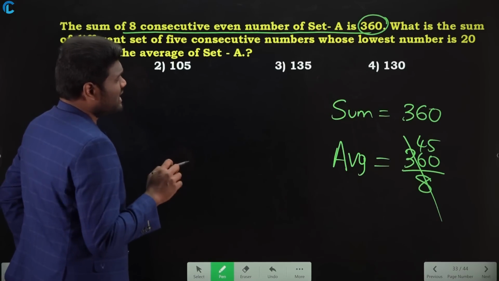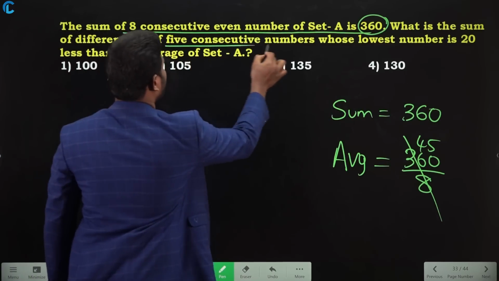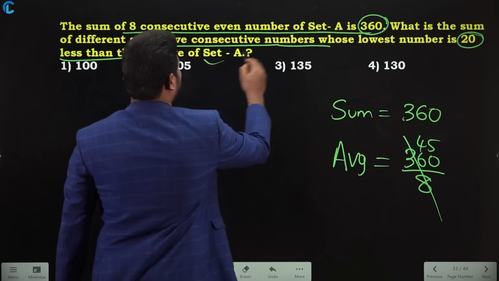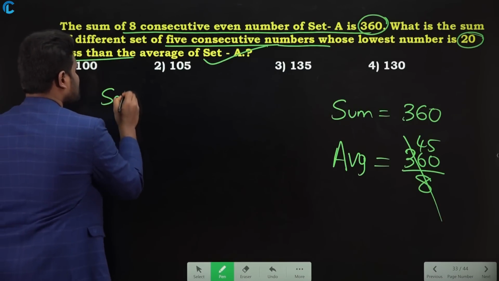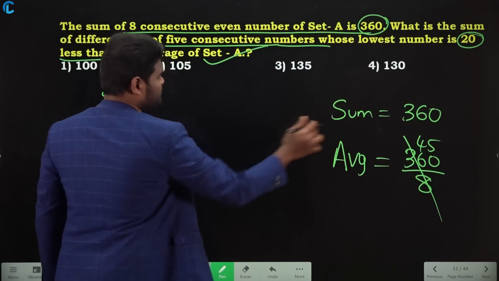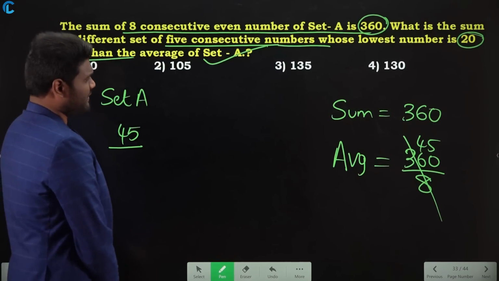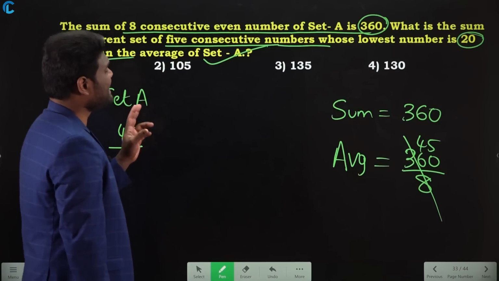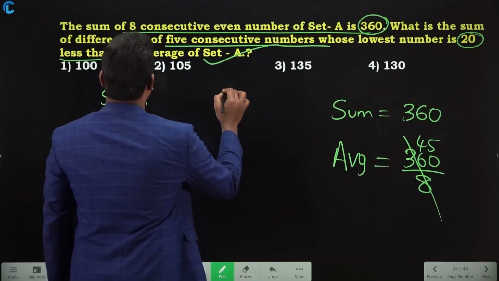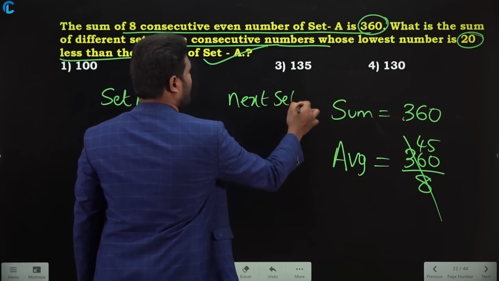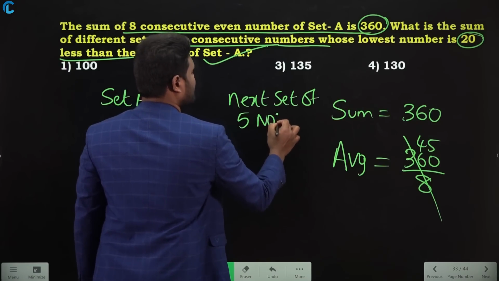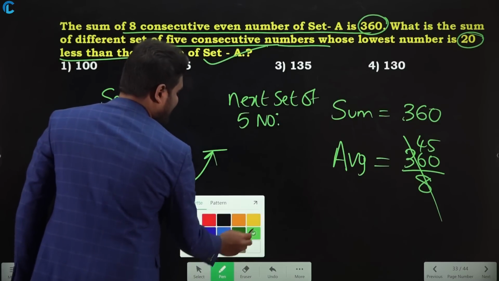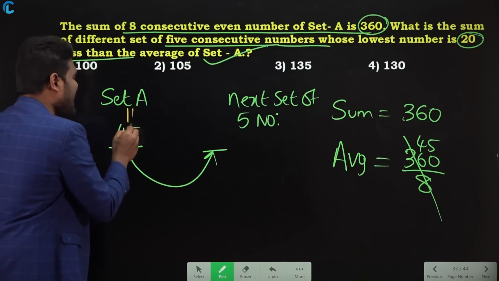Now what they are saying: what is the sum of a different set of 5 consecutive numbers whose lowest number is 20 less than the average of set A. Now look here, set A average is 45. Let us take the next set of 5 numbers, in which the lowest number is 20 less than the average of set A. Set A average is 45.